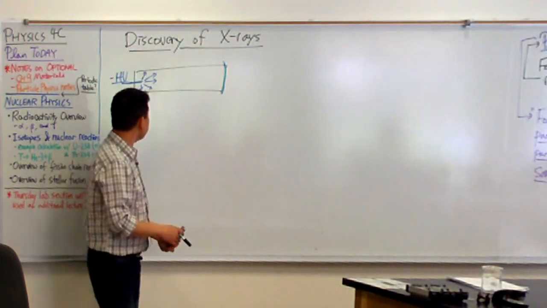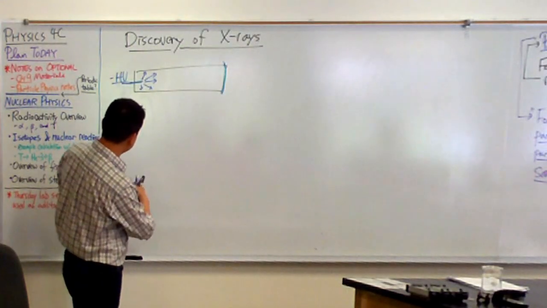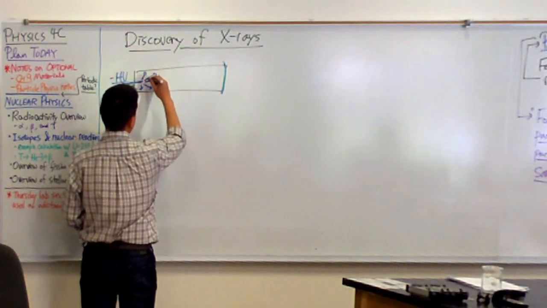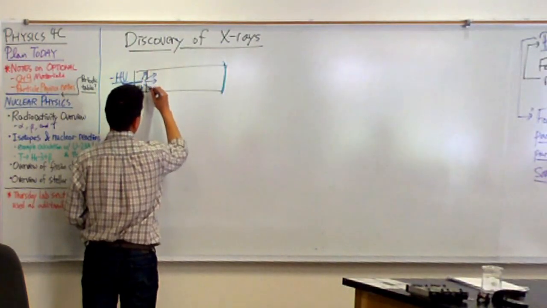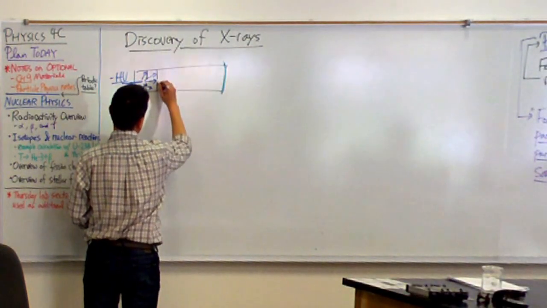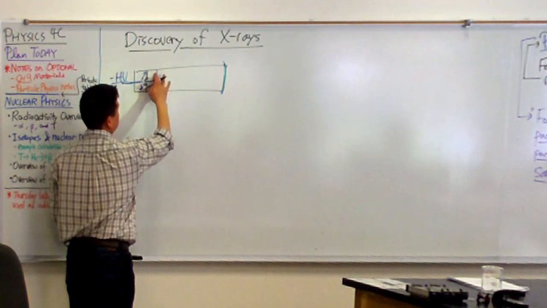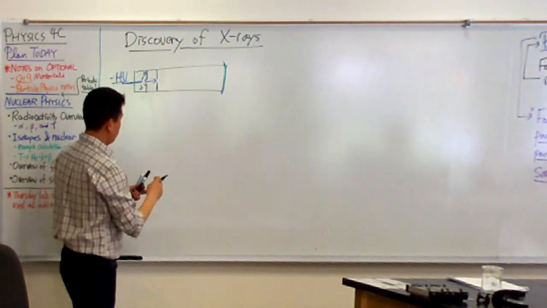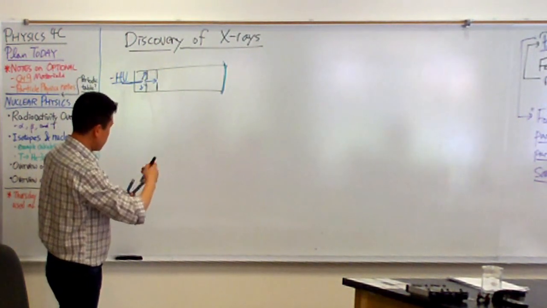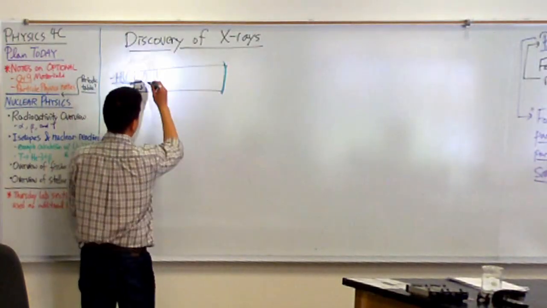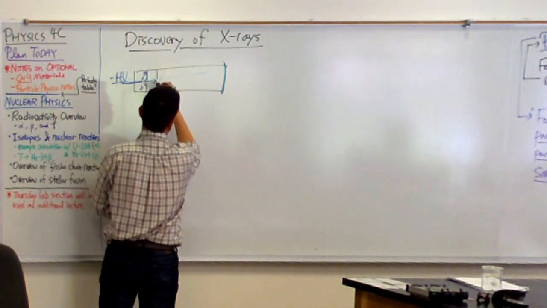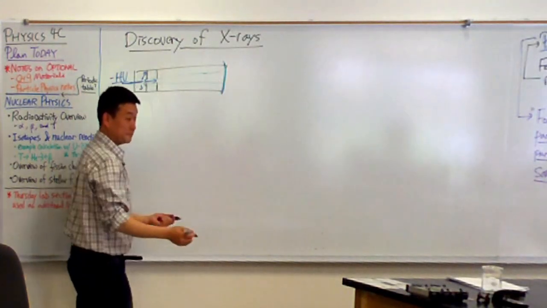So you can collimate the beam if you want, put some barriers here and here, and this geometrically limits where the beam can go. So with this collimation device, you would have a cathode ray that goes like this. Okay?